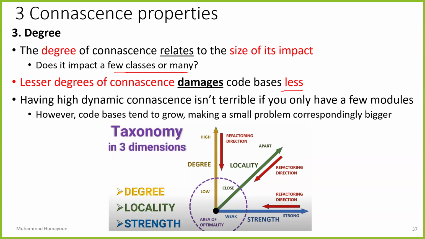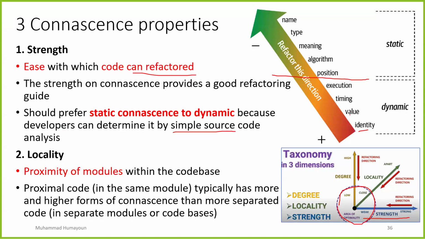You can control it. Having high dynamic connaissance isn't terrible. For instance, you have dynamic connaissance in your code, but your code base is really small. The impact of changes is really small. You can just count those, go to those places and fix those with refactoring.